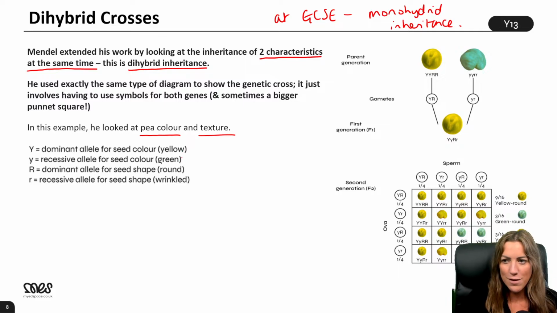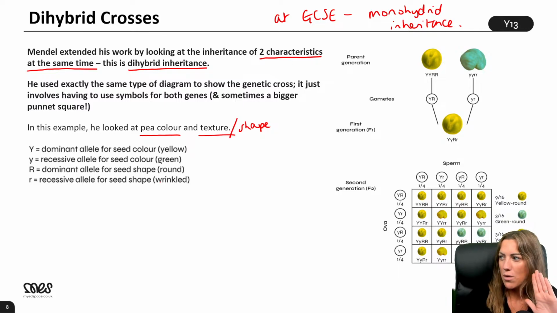I hate that we've used the letter Y here because the Y looks exactly the same, whether it's capital or lowercase. But he also looked at the texture or the shape. They've described it as texture/shape. So rounded peas, they were dominant, but the wrinkled texture, the wrinkled peas, that was recessive.